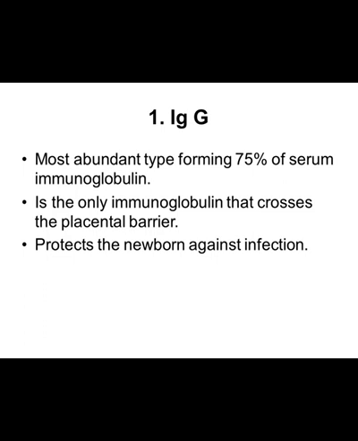Number 1 is the IgG. This immunoglobulin is the most abundant type, forming 75% of the serum immunoglobulins. This is the only immunoglobulin that crosses the placental barrier. It protects the newborn against infection.